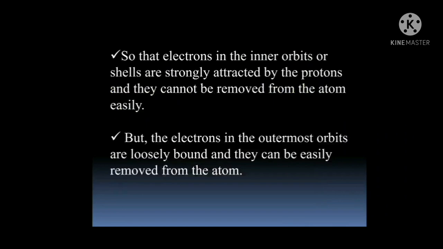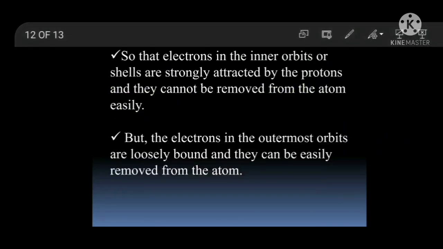The inner orbits, that is, orbits which are very close to the nucleus, have greater force of attraction, but the outer orbits have less force of attraction. So it is loosely bound, and the electrons in the outermost shell can be removed easily from the atom.